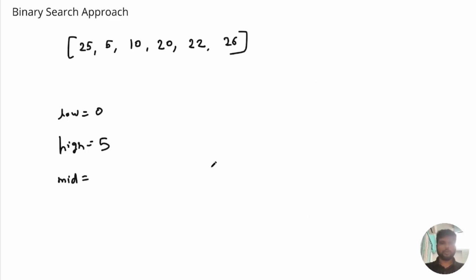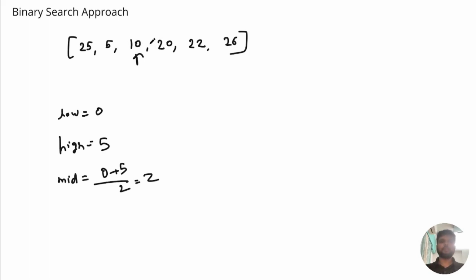Now let's run through the approach that we have just discussed step by step. Initially we will start with low equal to 0, high equal to 5, and then we will calculate the mid. The mid will be (0 plus 5) divided by 2, which gives us 2. So mid will be initially here. Now we will compare this 10 with 5 and 20. Is it greater than 5? Yes. Is it greater than 20? No, right?